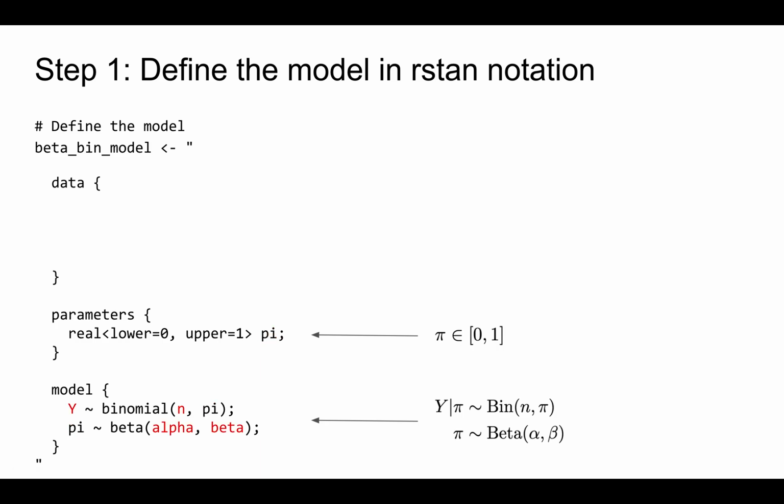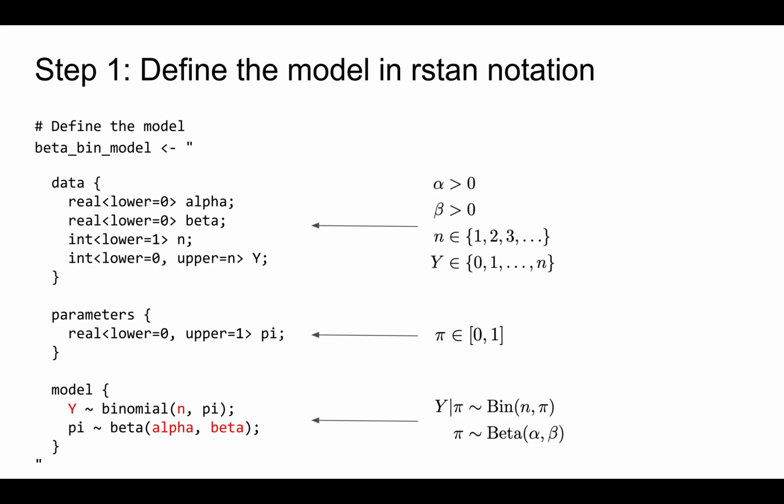Finally, notice that beyond pi, there are 4 other unknowns in our model structure: the data-related terms y and n, and the prior parameters alpha and beta. Just as we did for pi, we must specify what values these pieces of our model can take. For example, the prior parameters alpha and beta must both be real positive numbers.